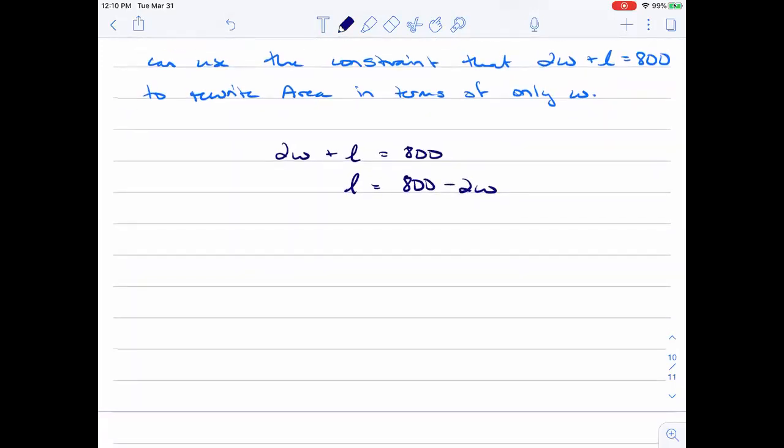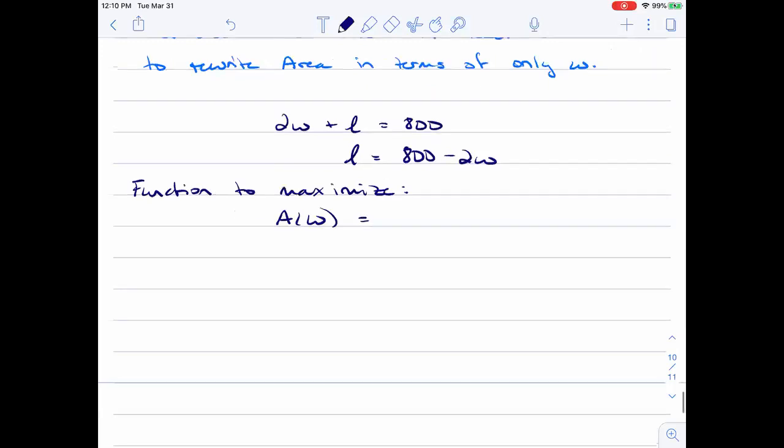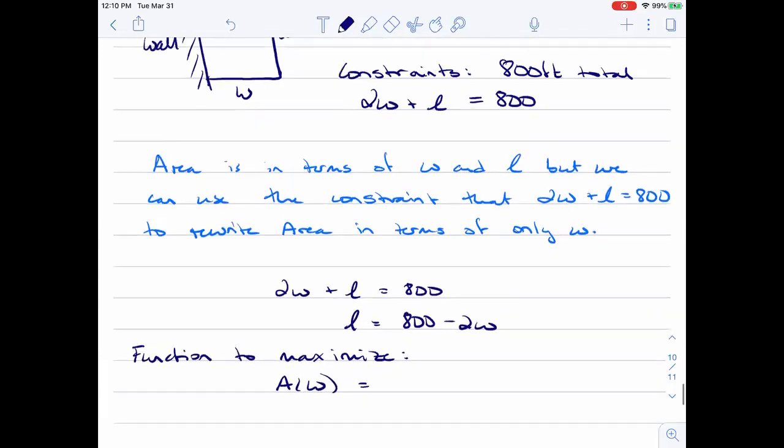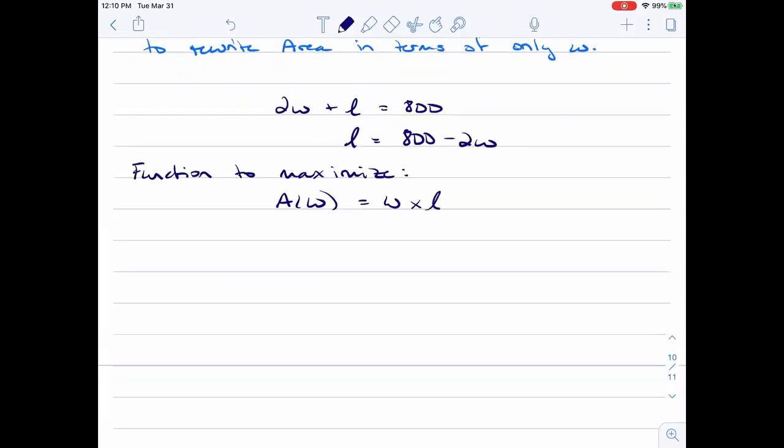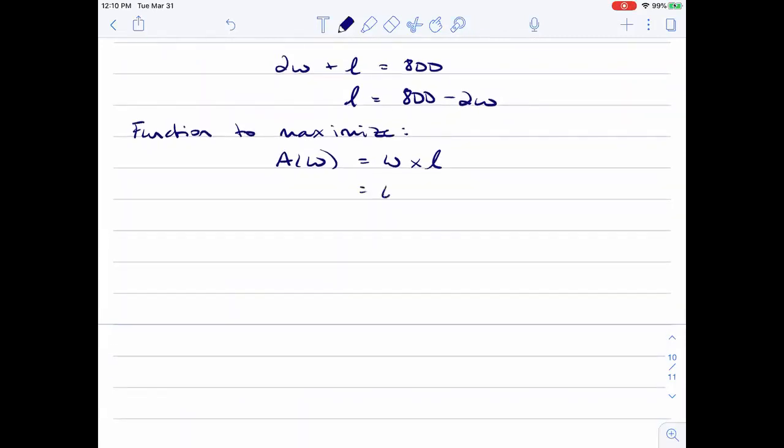So now our function to maximize is A of W, which we've been writing as the width times the length. So W times 800 minus 2W, right?